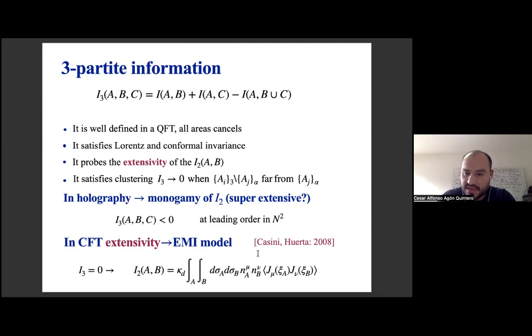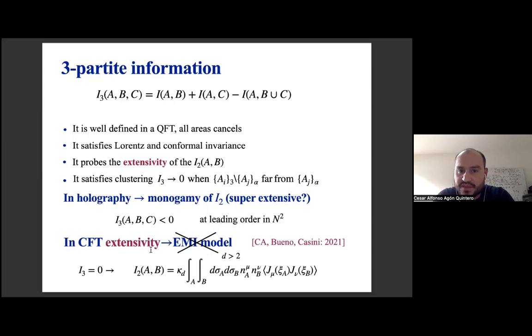This has been studied in many contexts, and recently, in a work with Pablo Bueno and Horacio Casini, we proved that this model is only physical for d equal to 2, where it corresponds to a free fermion. But for larger dimensions, there is no CFT which has this mutual information, roughly speaking.